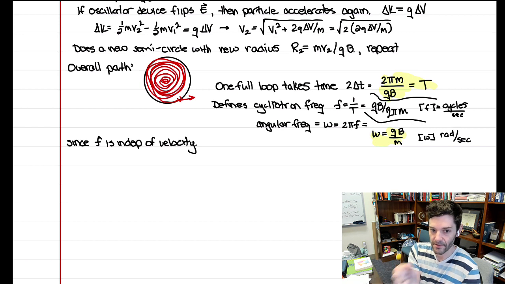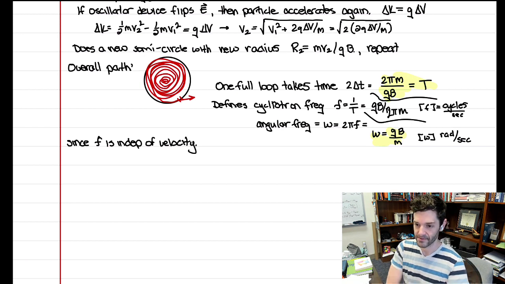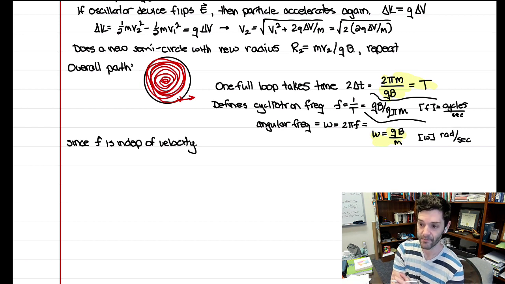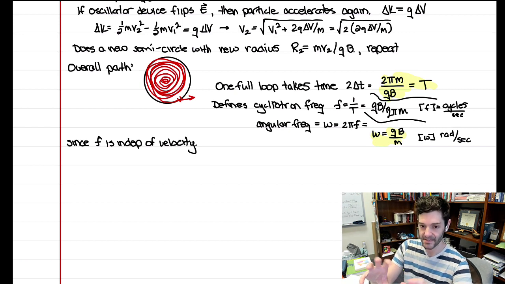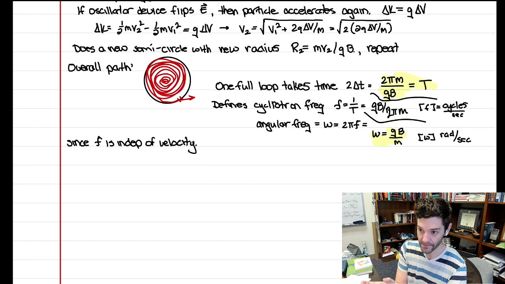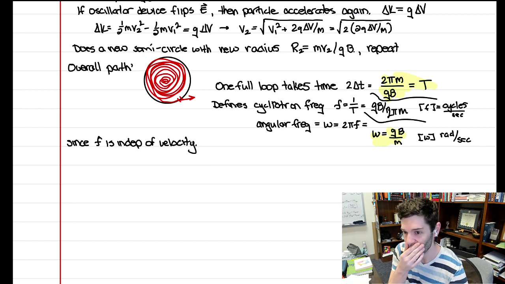Because the particle is always getting back to this region where there's an electric field in the same amount of time, no matter how fast or how slow it's moving, which is kind of cool. The reasoning is that as it gets faster, it's completing bigger circles, and those effects are canceling out in this case.